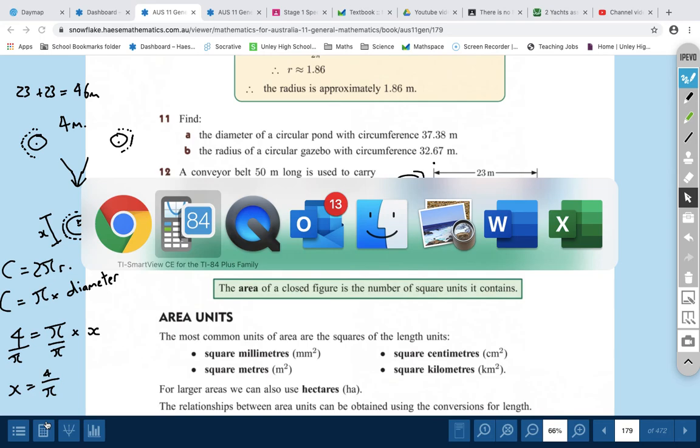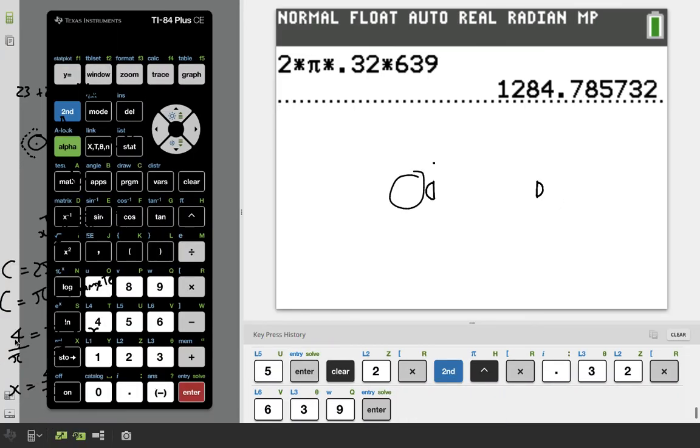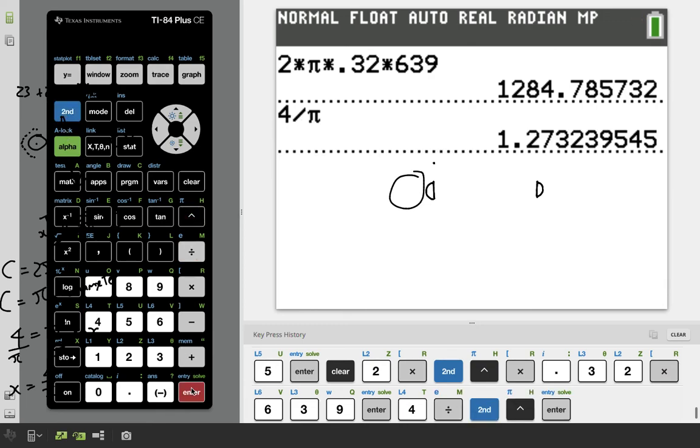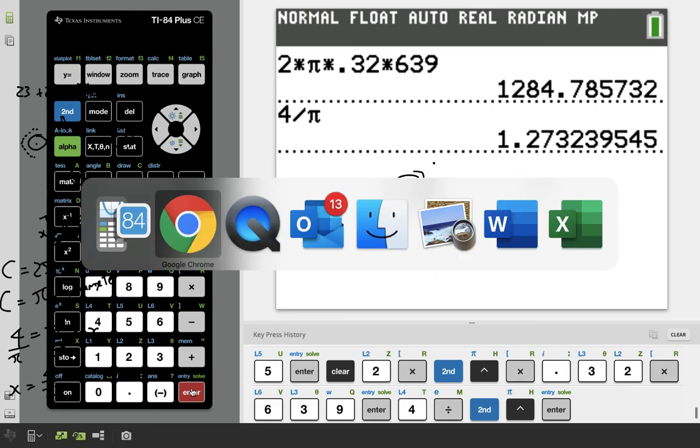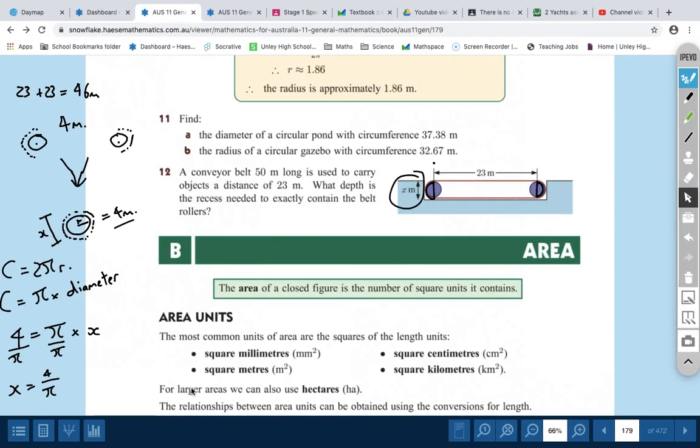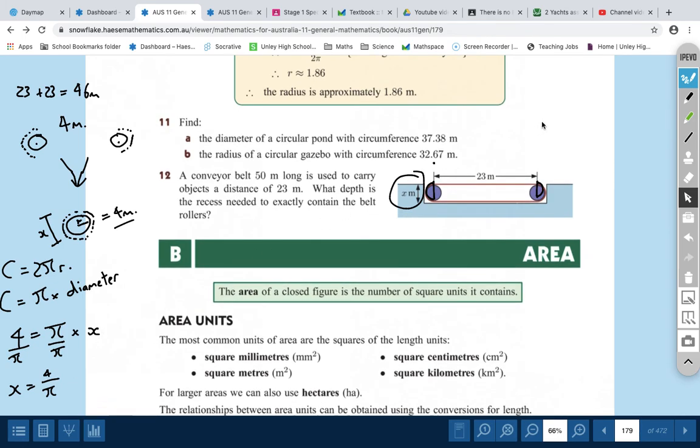Stop trying to guess at it. Let's have a look: 4 divided by pi is 1.27. That's close enough, 2 decimal places. So x is approximately equal to 1.27 metres. Okay? All right, now I'll stop the video there and we'll do another one for 7b.